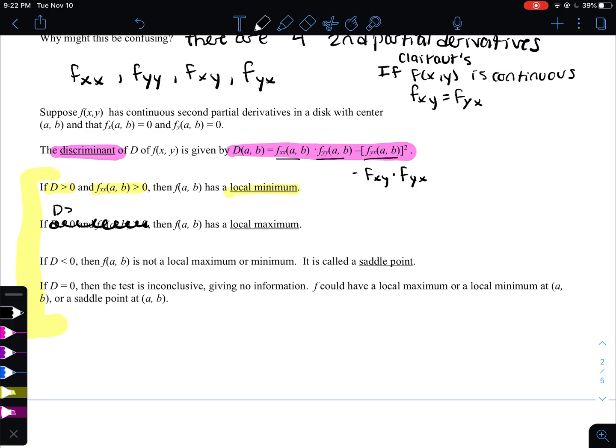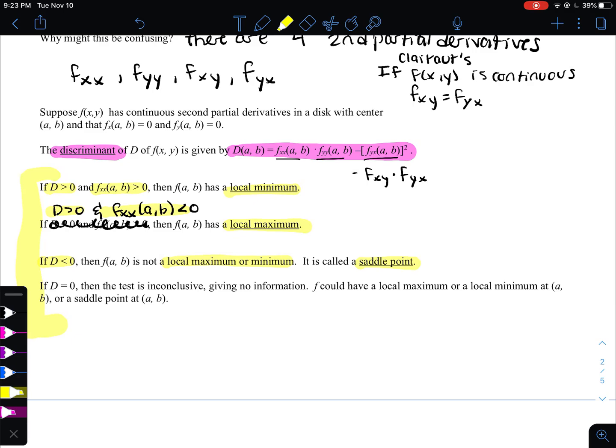If the discriminant is greater than 0 and the second derivative with respect to x is less than 0, then we get a local maximum. If the discriminant is less than 0, then we don't have a local max or a local min. We have what's called a saddle point, that middle point where it is neither a max nor a min. It's that middle point of a hyperbolic paraboloid.